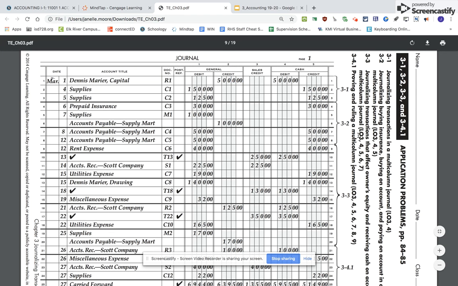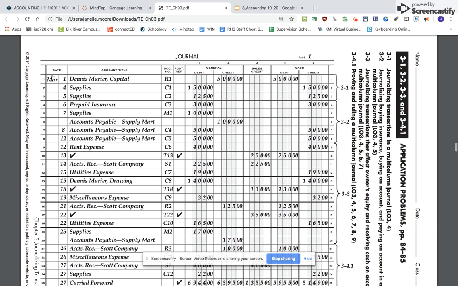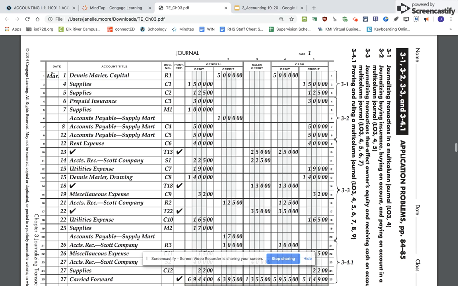So to start, this is the whole problem. We're looking at the month of March. The first example I'll go through would be the entry that says owner invests $5,000 in their business. So we're going to always put the date first, owner's name, capital account.